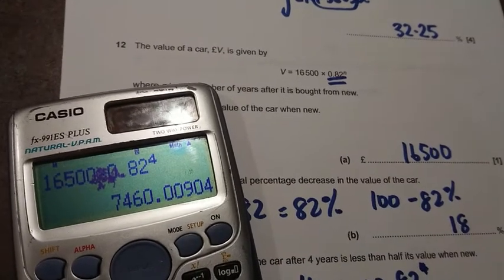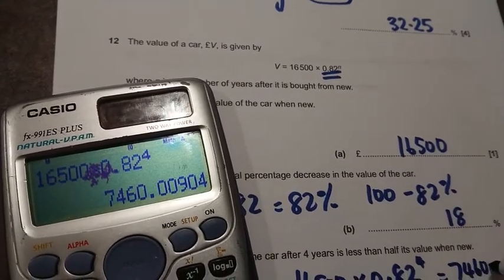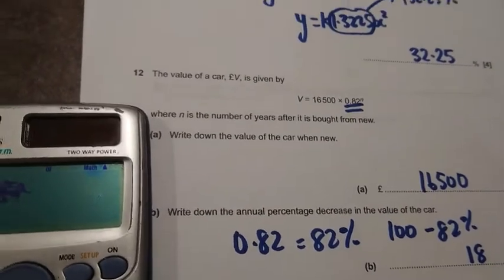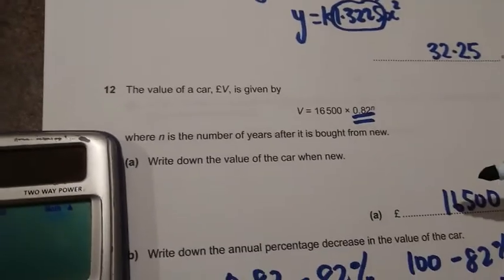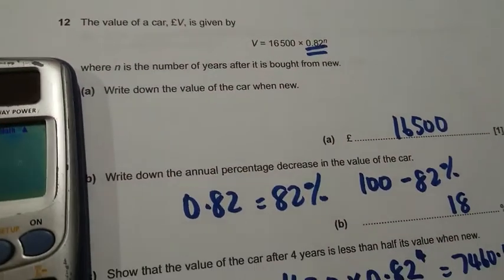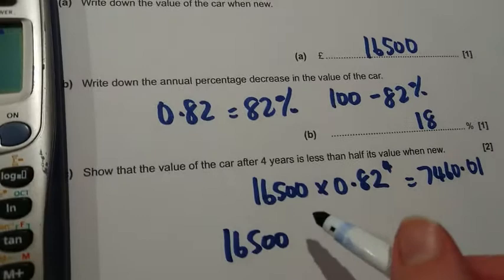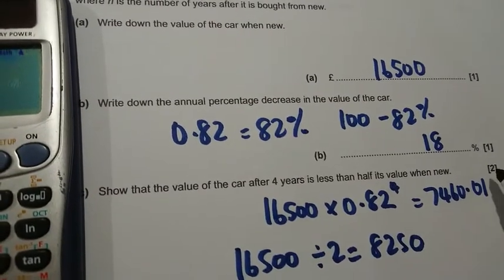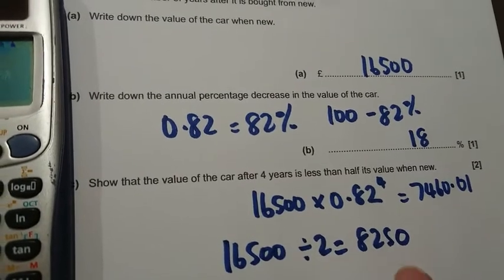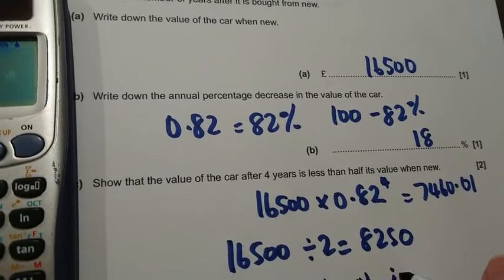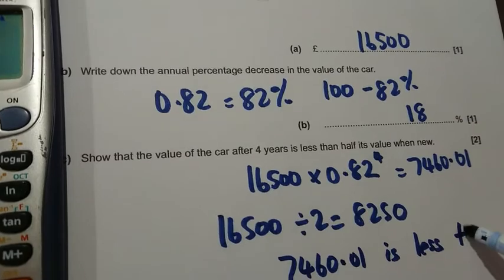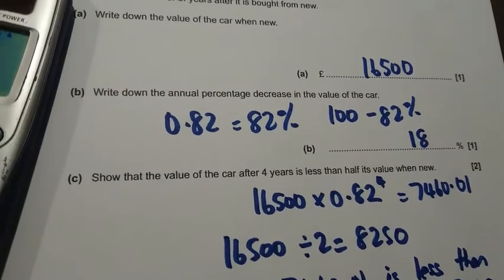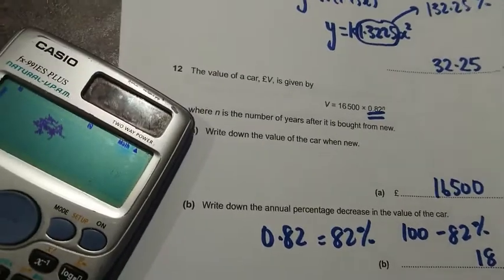When I work out this, I get 7460.01, because it's money, so it should be to 2 decimal places. When it's new, we said it was 16,500, so half of that is 8,250. So you need to just put in one line saying 7460.01 is less than 8,250. And that's all we need to do on that one, really.